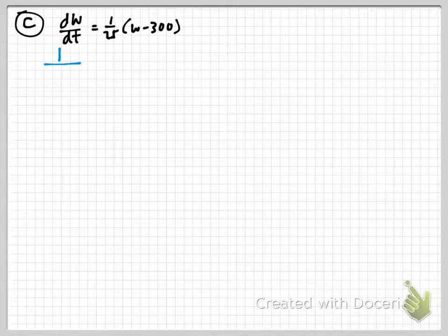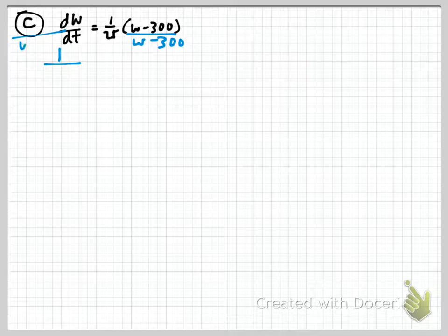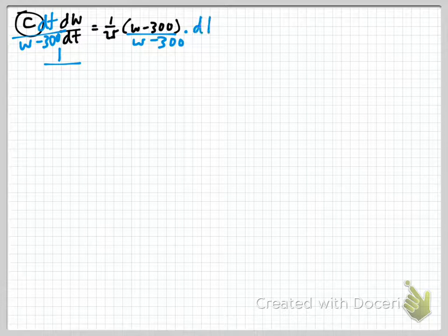So we're going to divide both sides by W minus 300. And at the same time, we're going to multiply both sides by dt. Okay, so on the right side, these cancel, and on the left side, the dt's cancel.